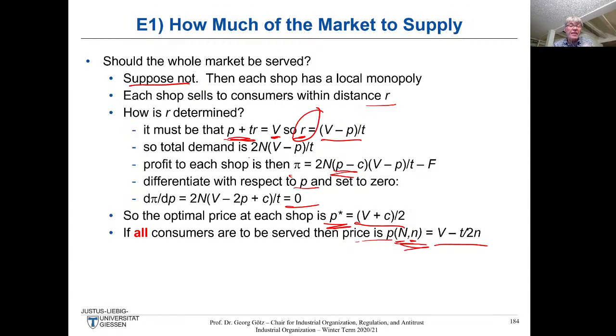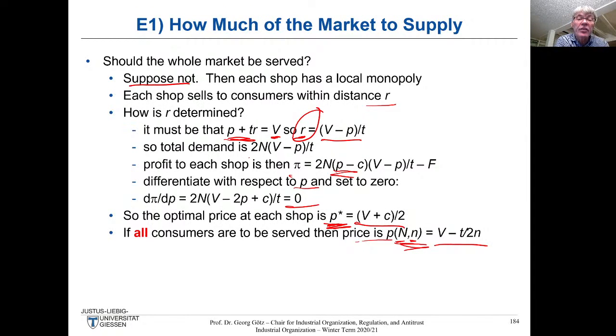If we were to decrease this price P star, of course, that would be a bad thing, because we would never attract additional consumers, because we serve everyone anyway.